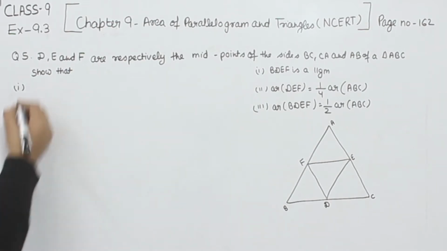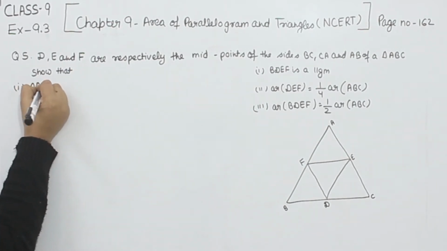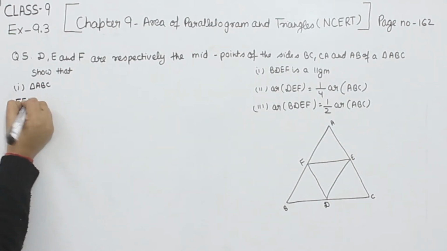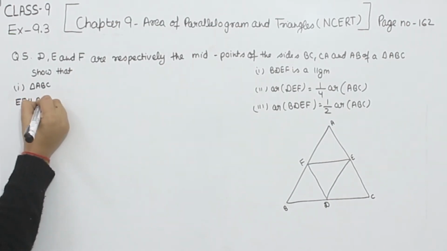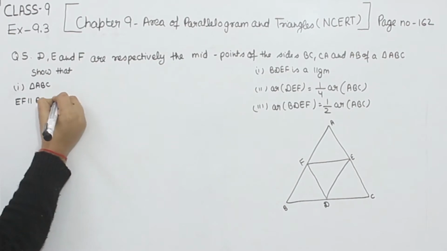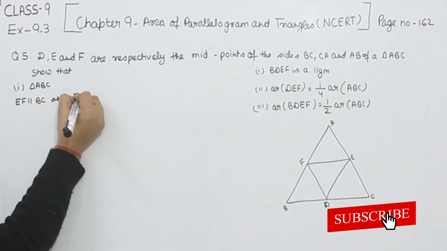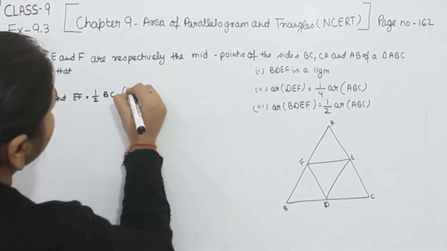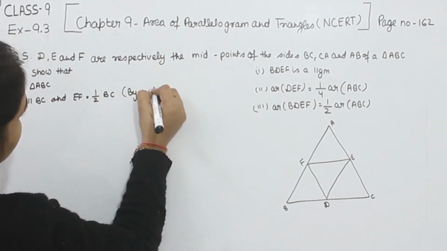First of all, we are going to take the triangle ABC. Now in triangle ABC, EF is parallel to BC and EF is half of BC by the midpoint theorem.